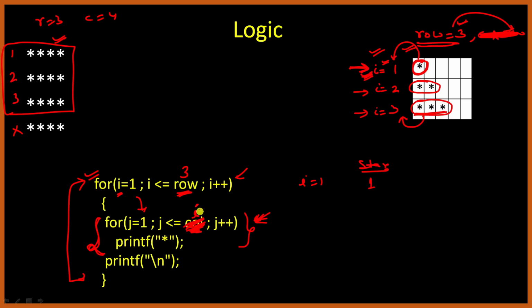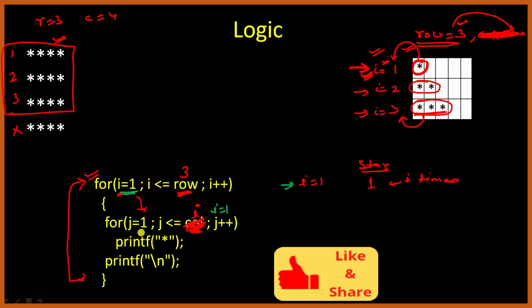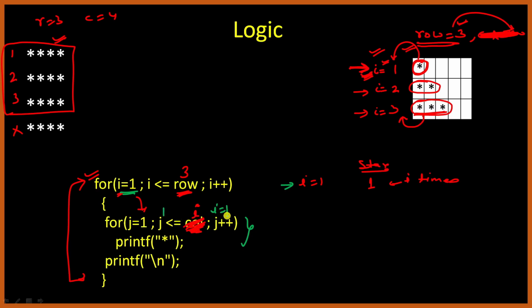So currently I is equal to 1, so from j equal to 1 to I equal to 1, this loop will run only one time. For the first time, 1 is less than or equal to 1? Yes. So 1 star will be printed. This is for I equal to 1.